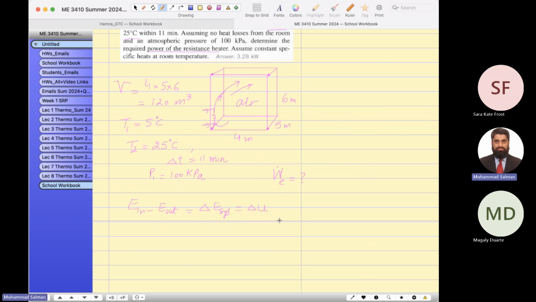Can you tell me the formula for delta U? I gave you this formula last lecture. Can you write that formula in the chat box? It starts from M and then it has something with that.